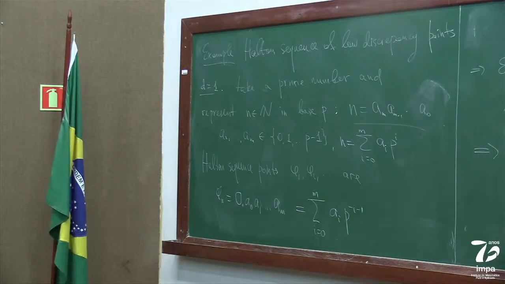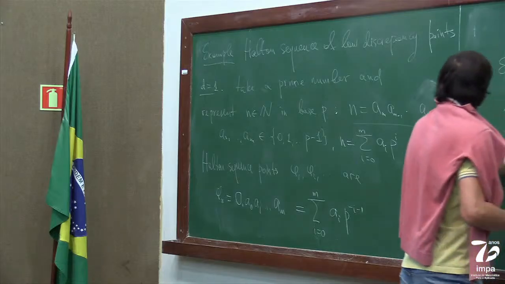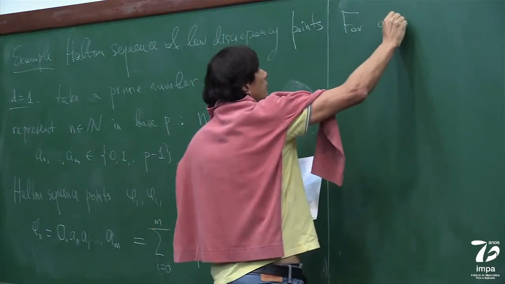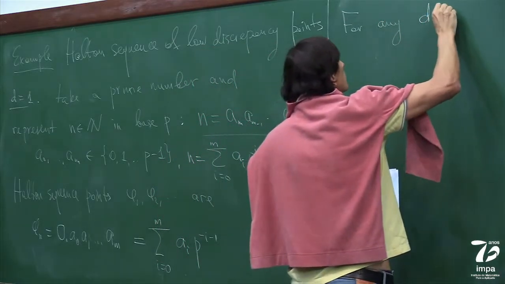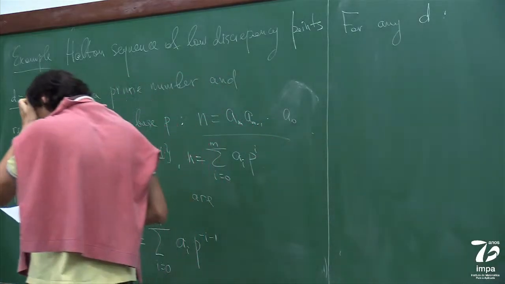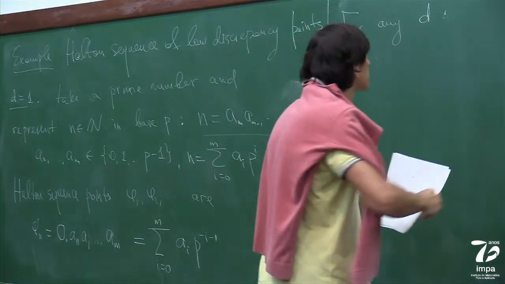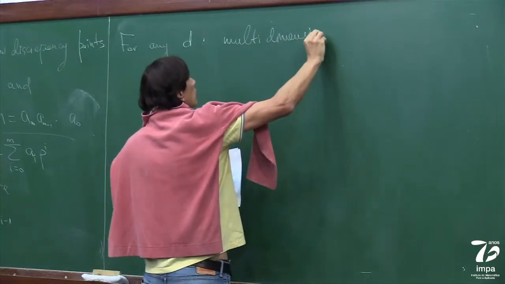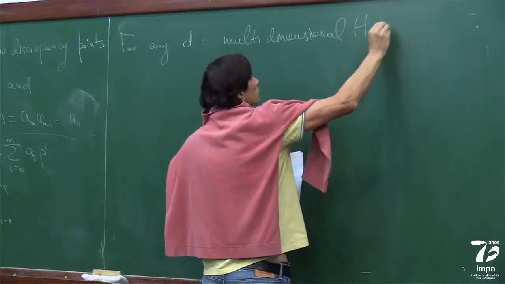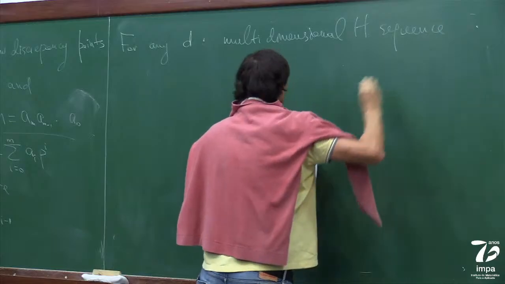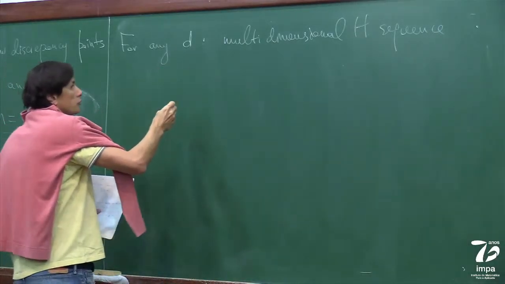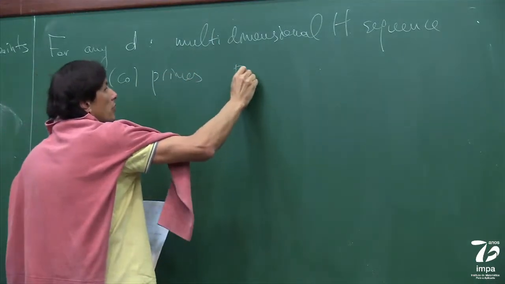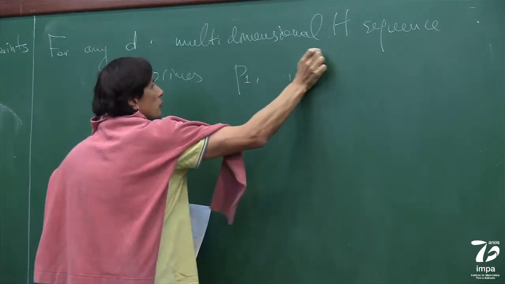So for d dimensions, for any d, you take the multidimensional Halton sequence. You take d primes, which should be co-primes, so they should be different.